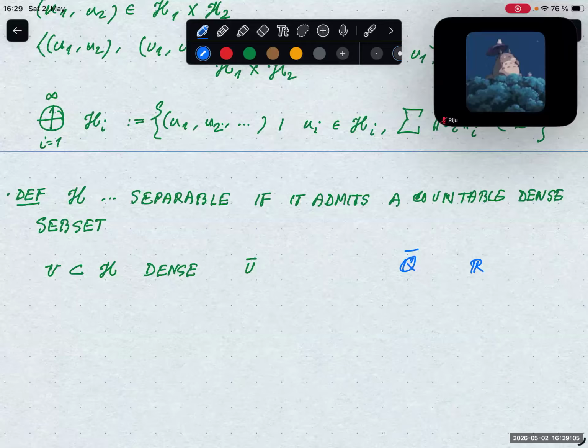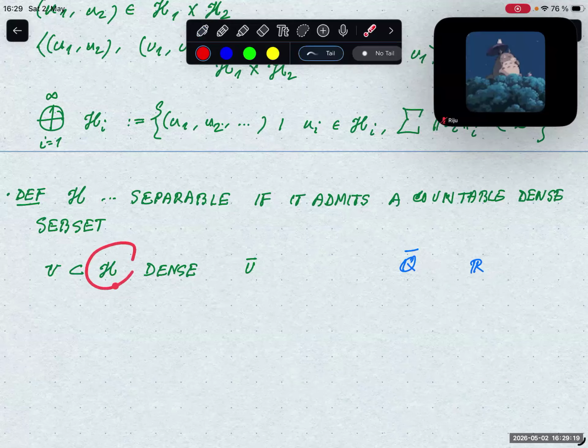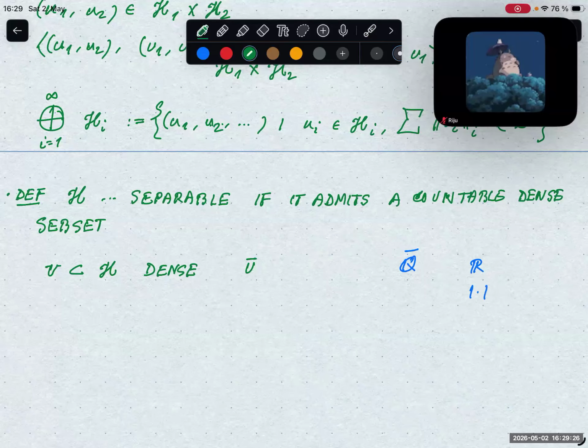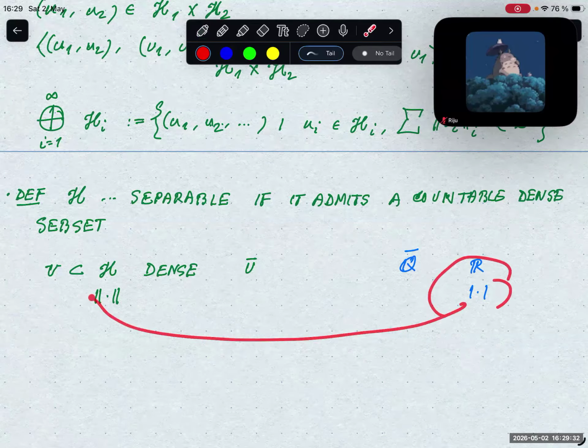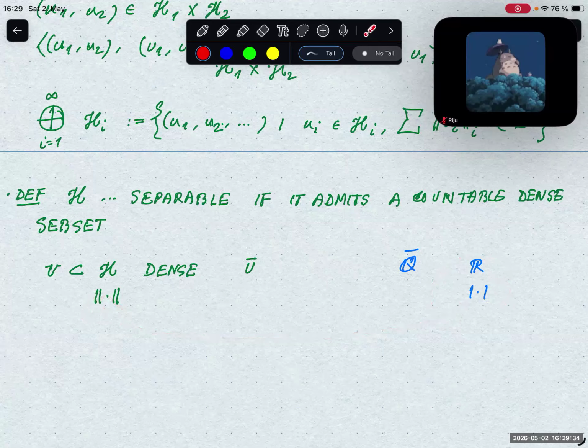And now in this context it is the same thing. In R, you have the absolute value, and you use this absolute value to approximate things. On H, you don't have an absolute value, but you have a norm. So what you do here using the absolute value, you do there using the norm, and then you do a similar thing.